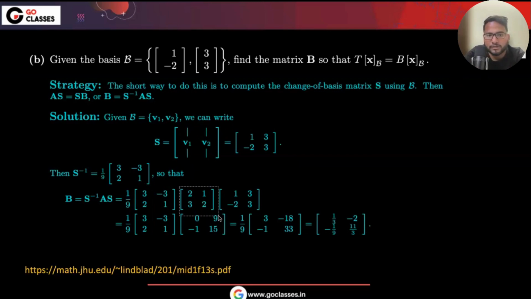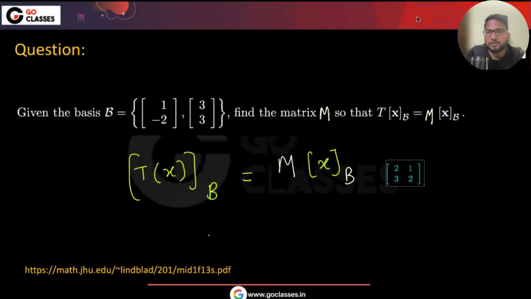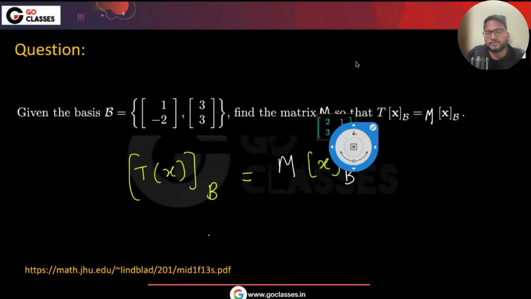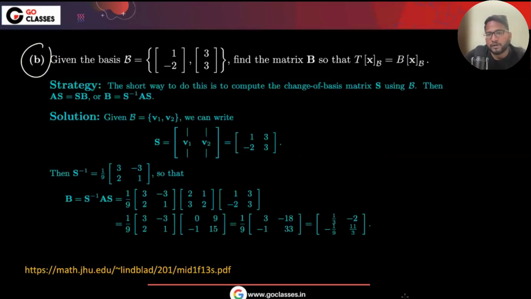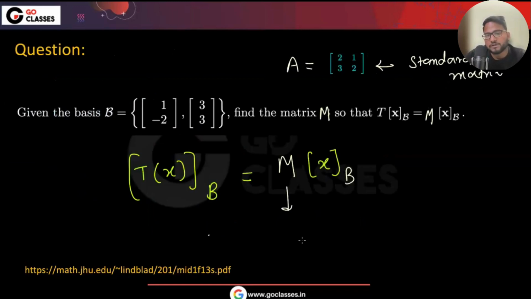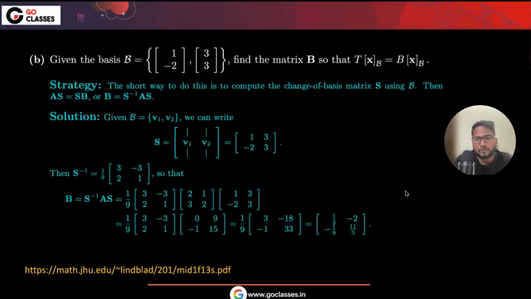The transformation matrix is this. I only copied the partial question, but the standard matrix corresponding to this is this. So this is the standard matrix. Actually, I copied the B part, but in the A part, they might have given the standard matrix. Otherwise, how would it be possible to do that? So this M is nothing but B inverse AB, right? Using that, you can find the same. Or maybe you can use method two also, whatever way you like.